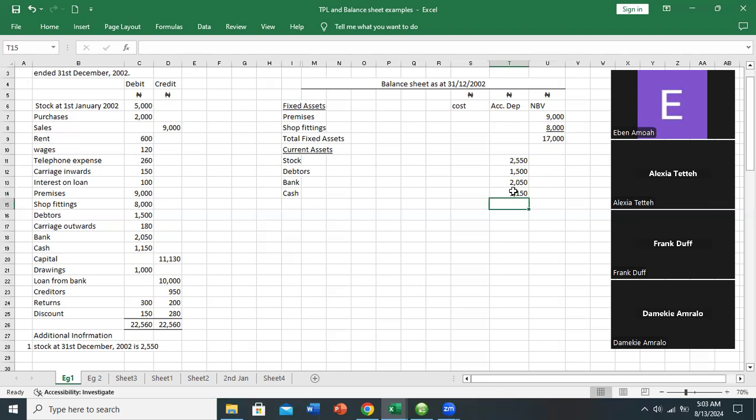So that is all. You add them up and get your total current assets. So you see that you really have to take your time and pick these items into the balance sheet.